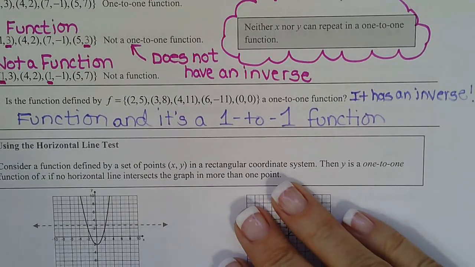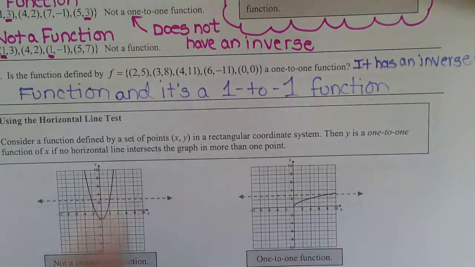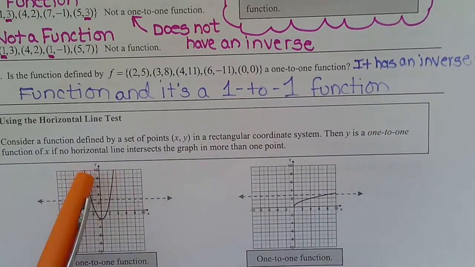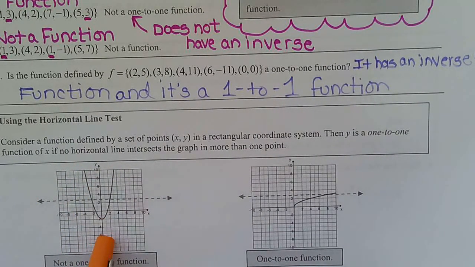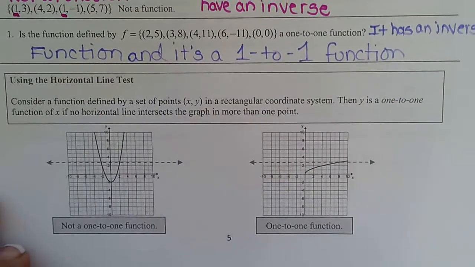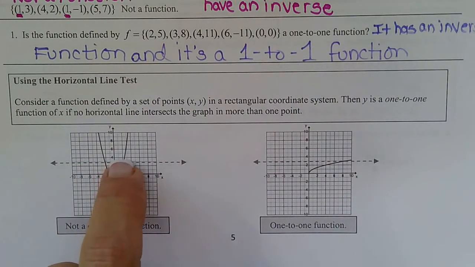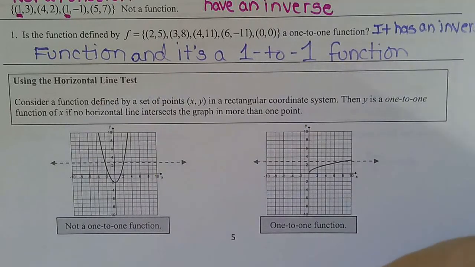Okay, so remember how you use the vertical line test? Hopefully you remember that from your 09 days or high school days. The vertical line test said I could take a graph and draw a vertical line through it, and if the vertical line only intersected it in one point, then it's a function. Well, that's how we test for a function. To test if it's a 1-to-1 function, first it has to pass the vertical line test to be a function. Then it has to pass the horizontal line test to be a 1-to-1 function.